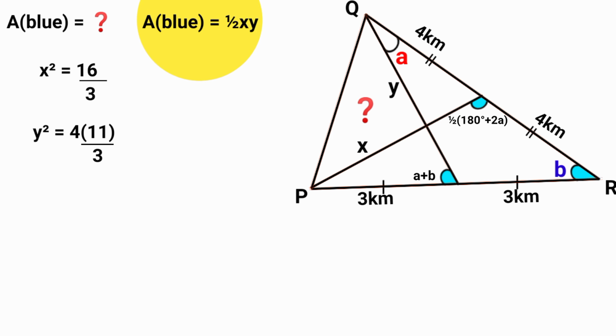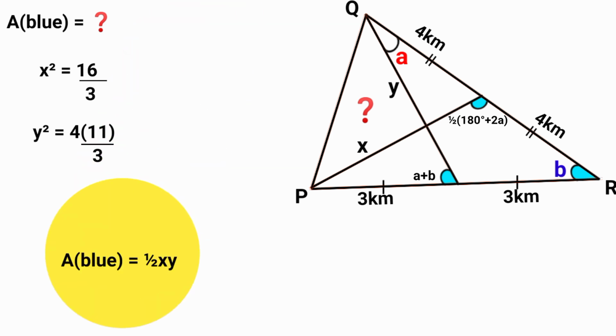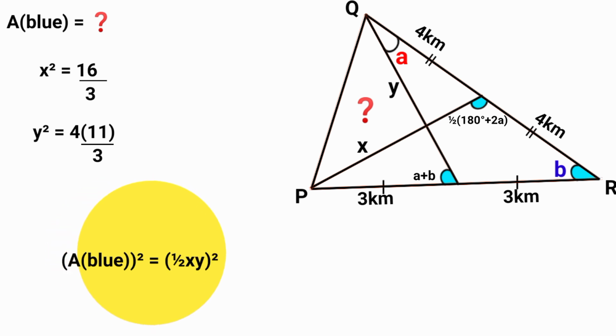We come to this our equation. Blue area equal to 1 over 2 xy. Square both sides. Here 1 over 2 xy squared is 1 over 2 xy times 1 over 2 xy, which is 1 over 4 x squared y squared. So area of blue all squared equal to 1 over 4 x squared y squared. We substitute these values here.